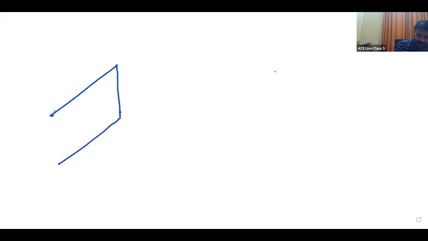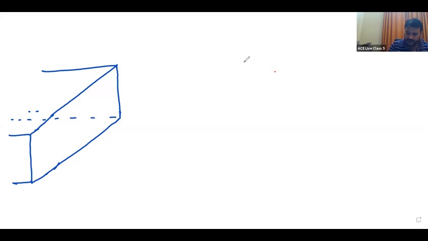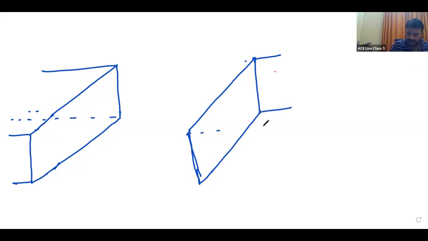Just for your reference, this is a pole, the north pole, and this is the south pole.